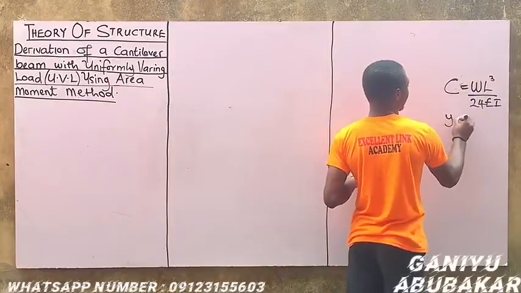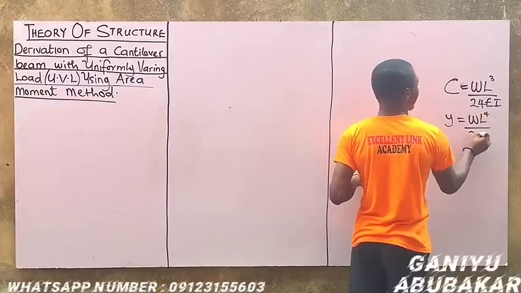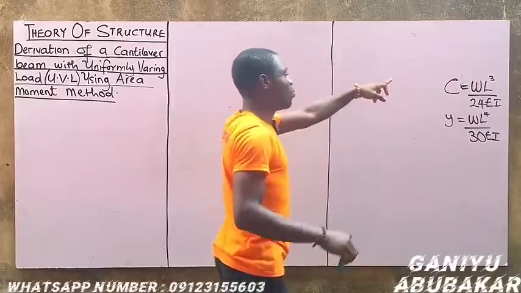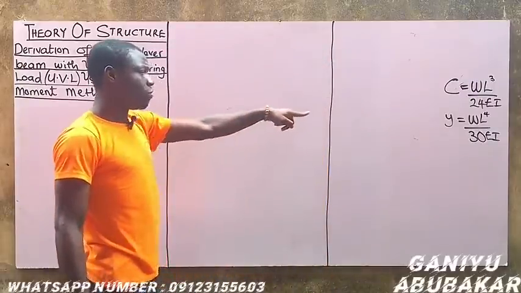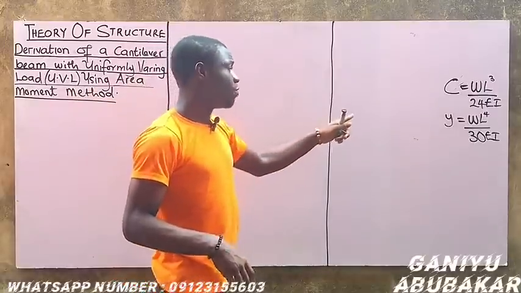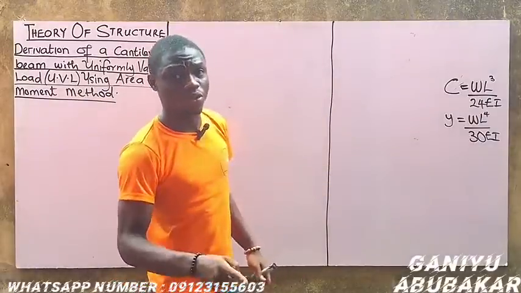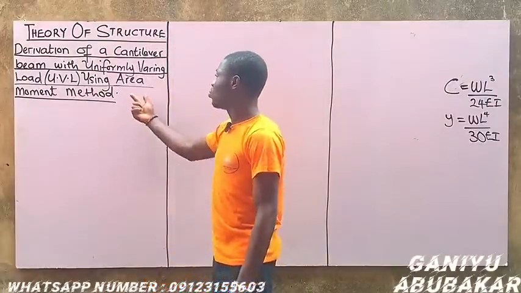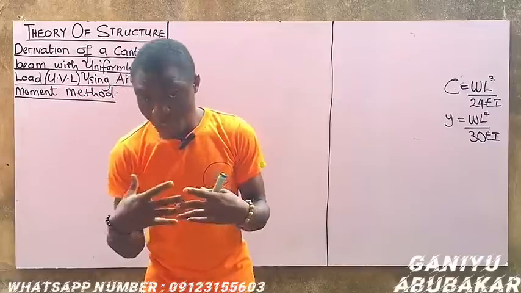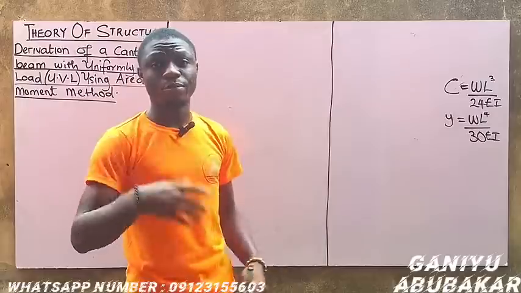And y was equal to W L to the power 4 over 30 EI. These are the slope equation and deflection equation of a cantilever beam with uniformly varying load using double integration method. But today we'll try to use area moment method, and let's see if our values there will be comparable.